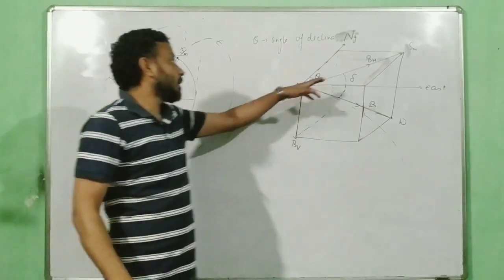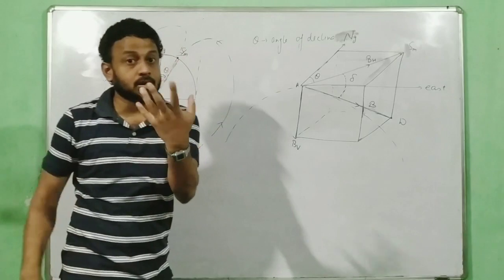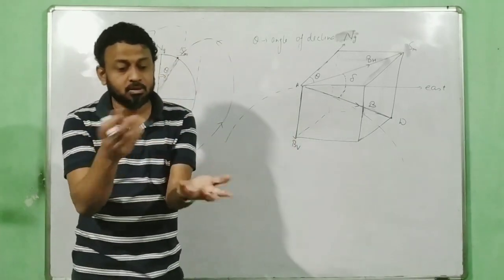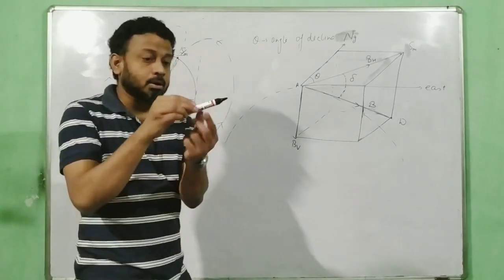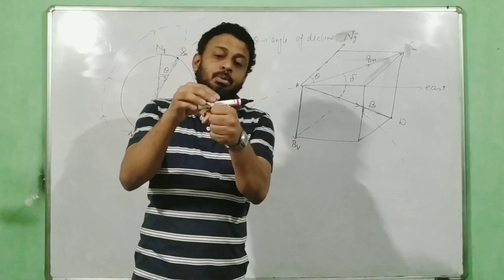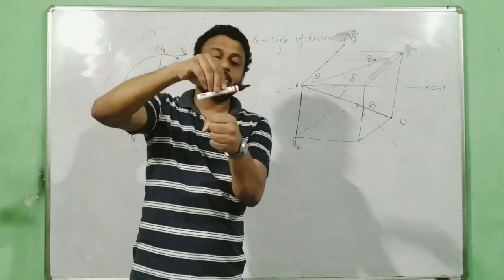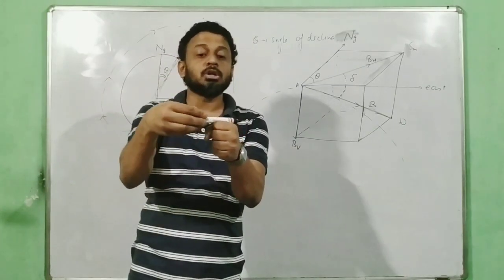The one which is along the magnetic meridian, that is what we call Earth's horizontal magnetic field, and that field is very important. Whatever you do in a compass and all, the field which is detected is the horizontal component of Earth's magnetic field. Because remember, a compass is always pivoted on one particular point. So the compass will always rotate in this plane. It cannot rotate in this direction because it is pivoted over here. And this rotation is because of the Earth's horizontal magnetic field.